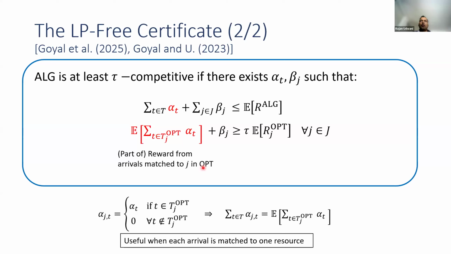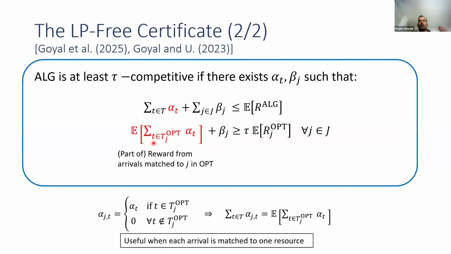Okay, so let me look at form 2, which brings out some of the interesting features of this framework. In form 2, I am going to use the intuition that when I want to cover a resource, I look at the reward from alg from the resource, and then the reward that opt may make from the resource.